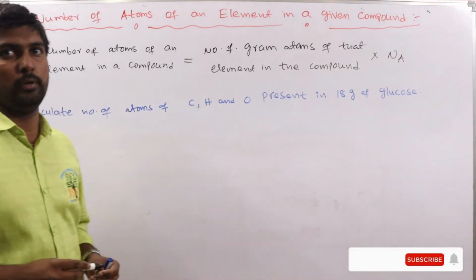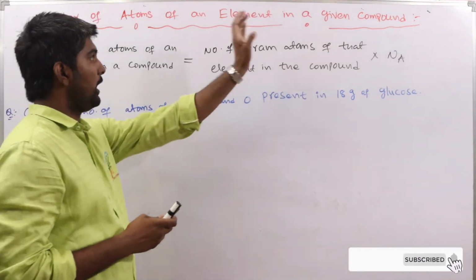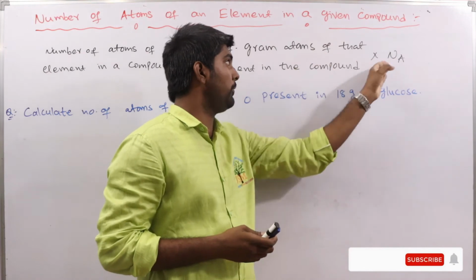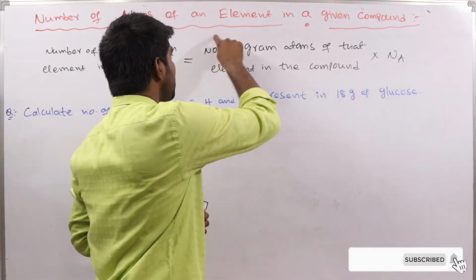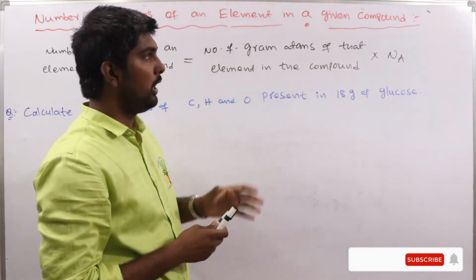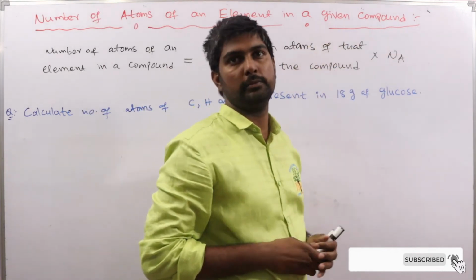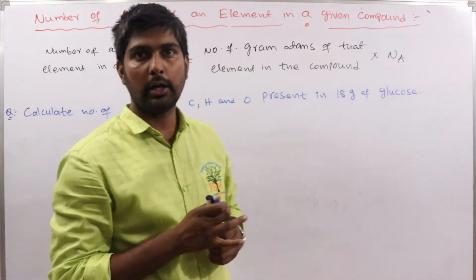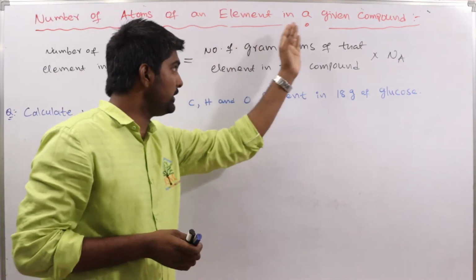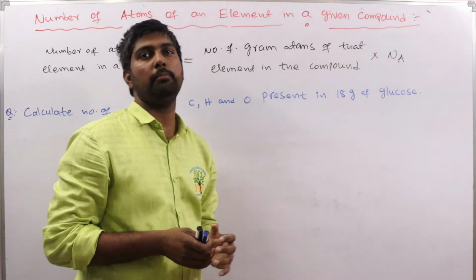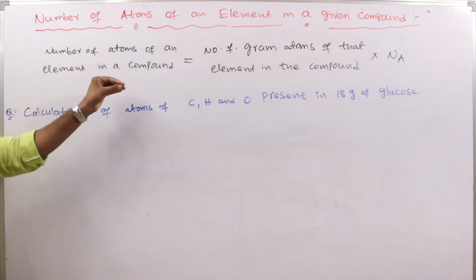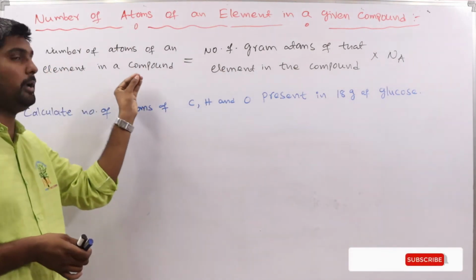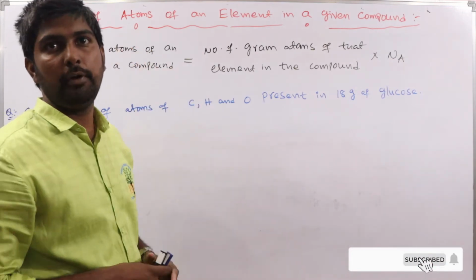Very simple. See, this one we just discussed: how to calculate the number of gram atoms, so weight of the substance by gram molecular weight of the substance into atomicity. If this is multiplied by the Avogadro number, then we get how many atoms of an element are present in the given compound.